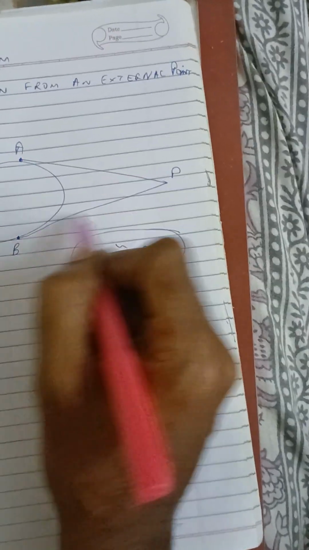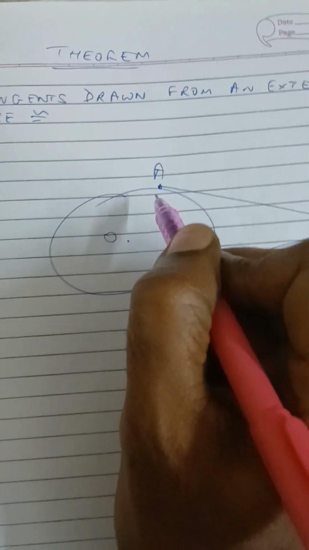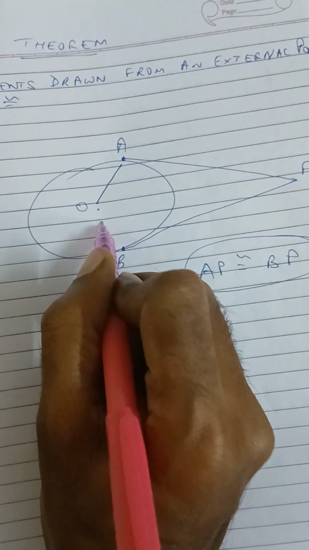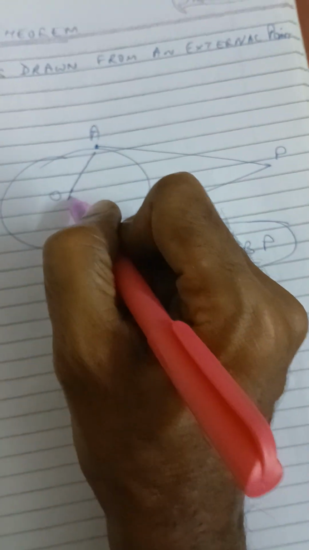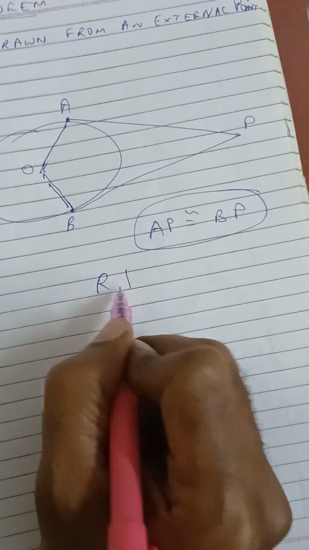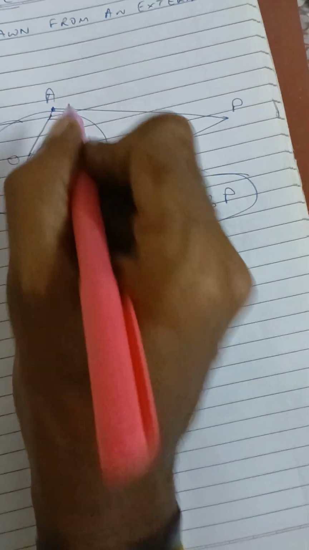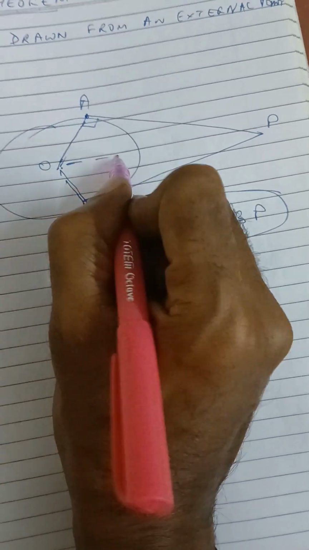Tangents are congruent. Very first, I will join the radius to the tangent, and I should know radius is always perpendicular to tangent at the point of contact. So this will be 90 degrees. Here also 90. I will join OP as well.